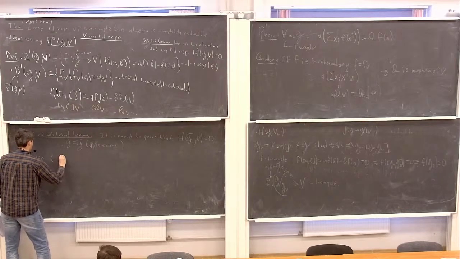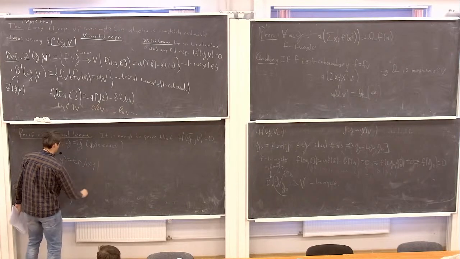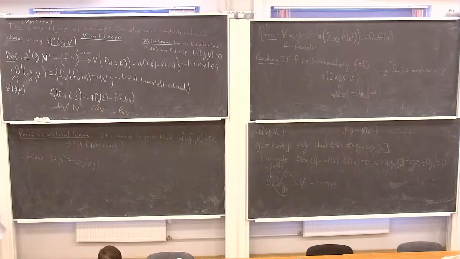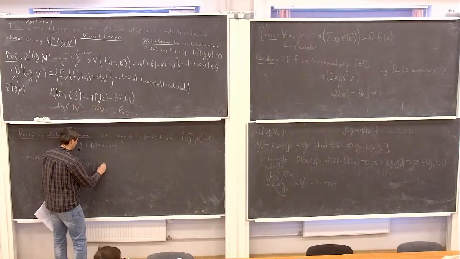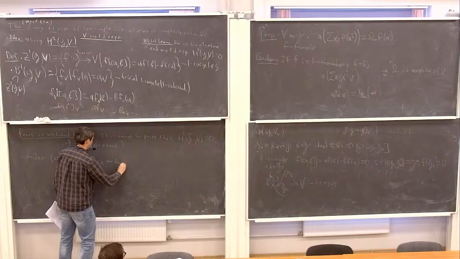Consider a form on G, the trace form corresponding to this representation. What can we say about this trace form? I claim that it is non-degenerate. Why?